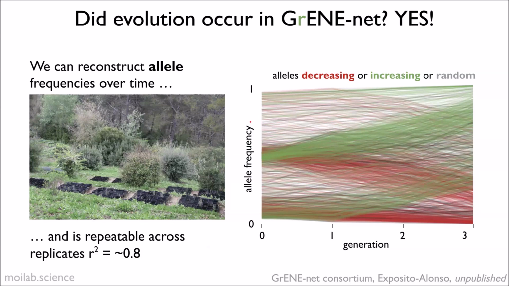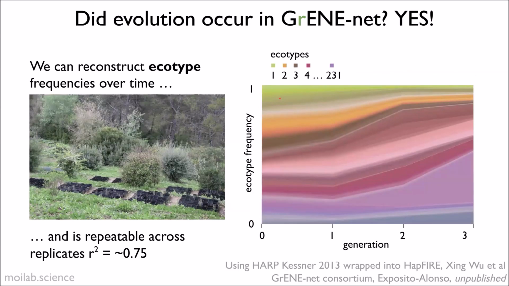Through haplotype reconstruction, because we have the founders, which were the same in the first generation for every site, and for which we have complete whole genome data, we can reconstruct the relative proportion of those 230 founders that make up this ecotype frequency. So here, each of the 230 founders is color-coded by one color, and we can also see their relative increments, right?